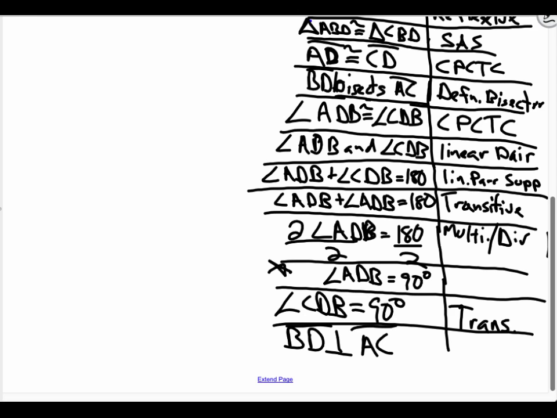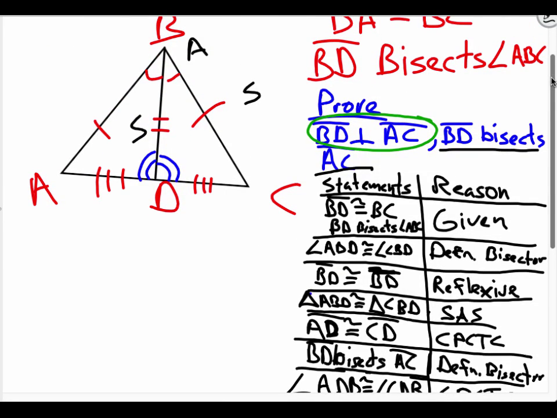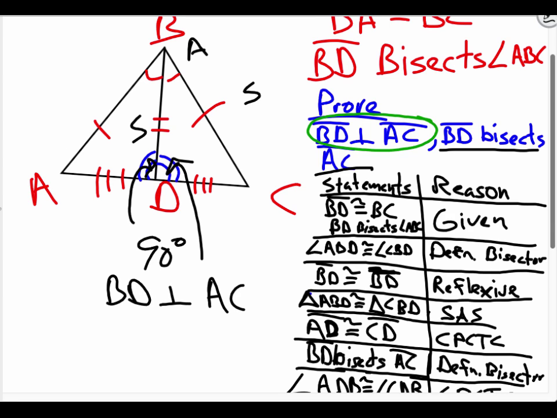So what I did is I mathematically showed that this angle and this angle both equal 90 degrees. And if they equal 90 degrees, then BD is perpendicular to AC.